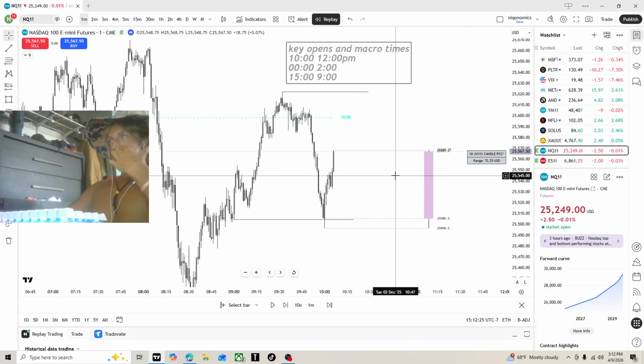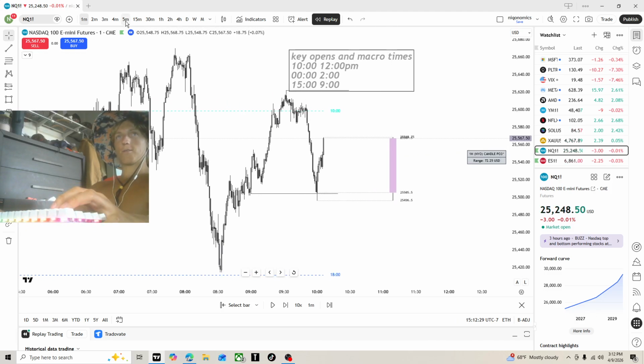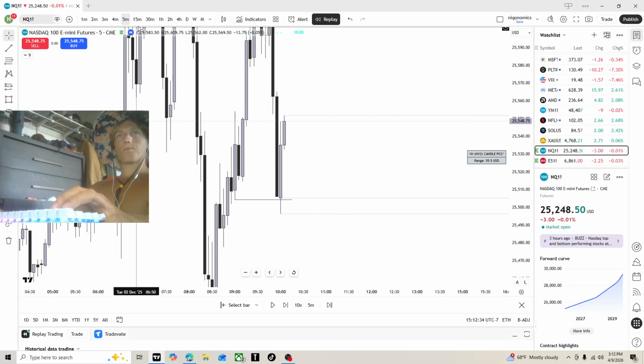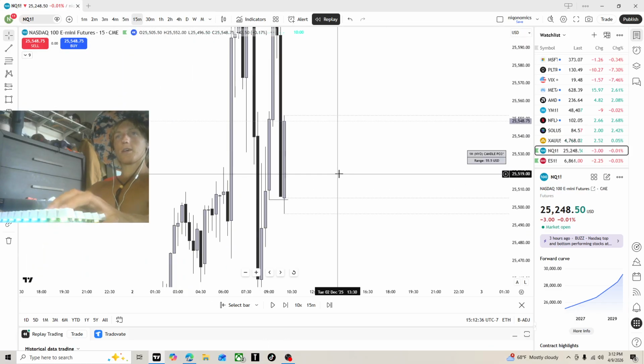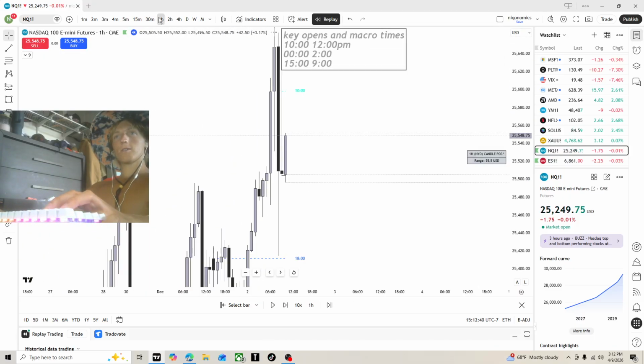And the way that I use this to trade is I'm looking for other confluences that will help me align with this. So in this case, do we have anything on the hourly?